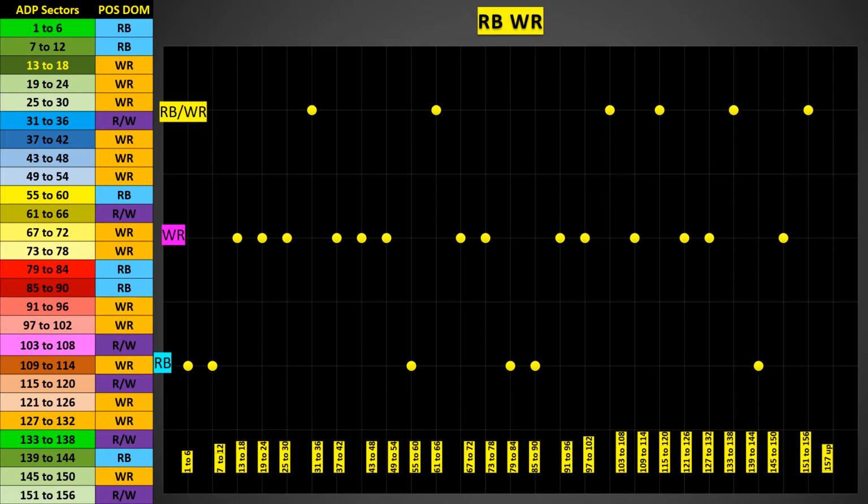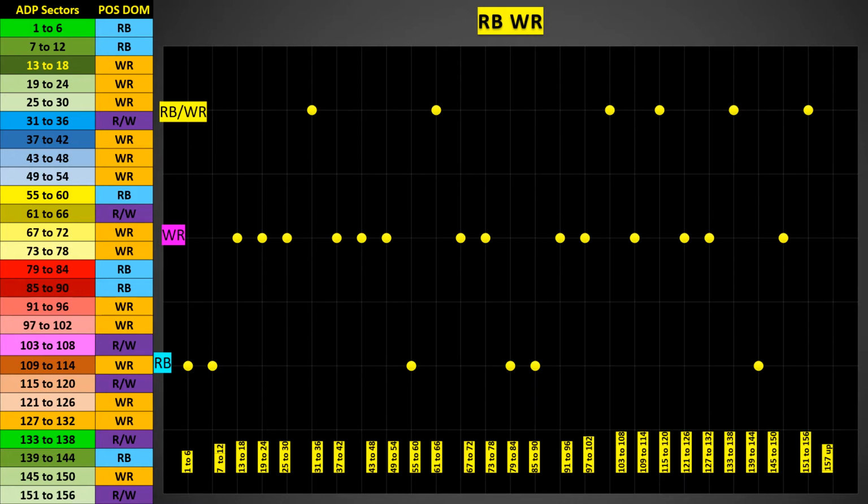Then I plotted this information out, and as this shows, running backs have dominated, and probably will dominate in 2022, in the first 12 picks, the first two sectors, 1st to 12th pick, followed by a domination of wide receivers, then an area where they're pretty much the same, followed by 3 wide receiver sectors, a running back sector, they're the same, and so forth.